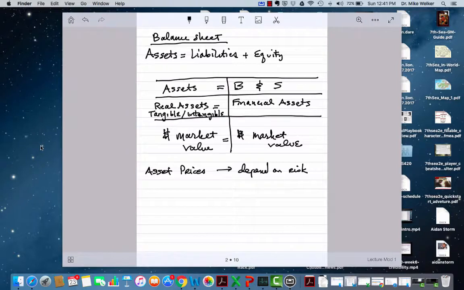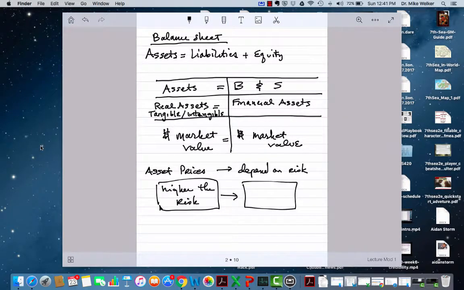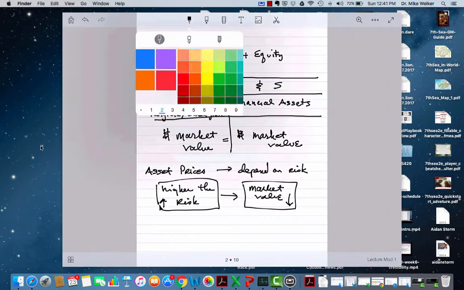So all other things equal, the higher the risk, the lower the market value. Risk is up, market value is down, and of course, the exact opposite would be true also.